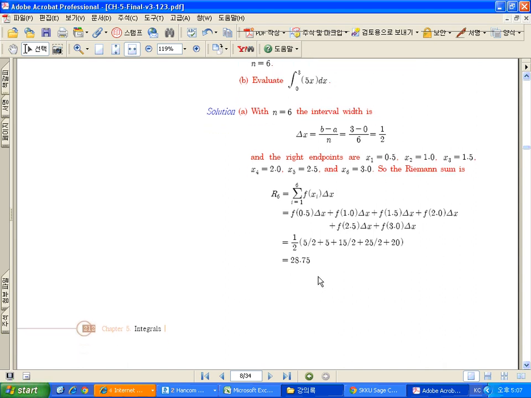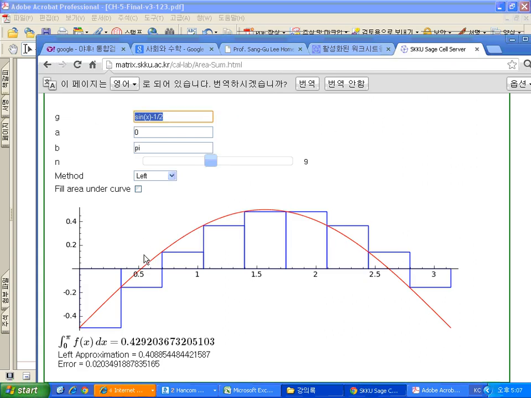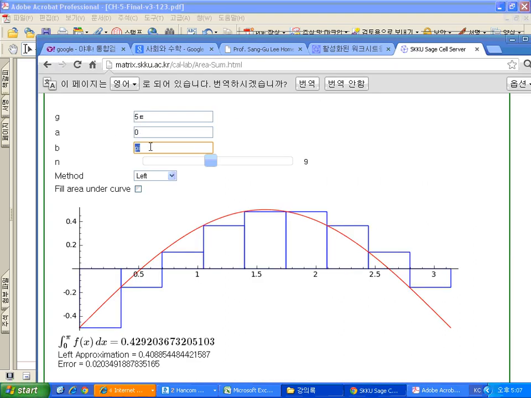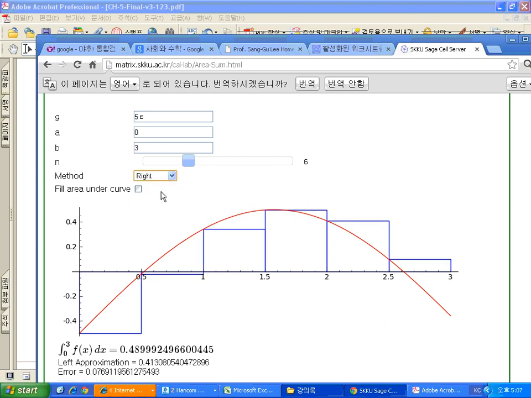We can do the same here with the tool, 5x, from 0 to 3 with n equal to 6, using the right endpoints.